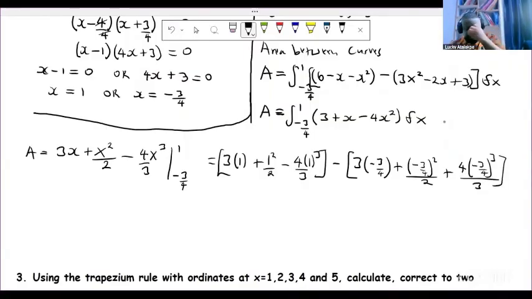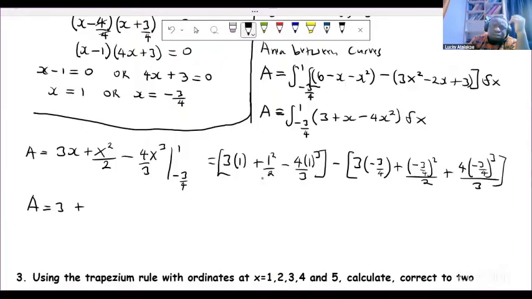So now let's simplify. 3 times 1, that is 3, plus 1 squared is 1 over 2. Then minus 1 cubed is 1 times 4 is 4 upon 3. That's in the first bracket. Sorry, this is minus, so let's watch out for the signs, please. Very important.